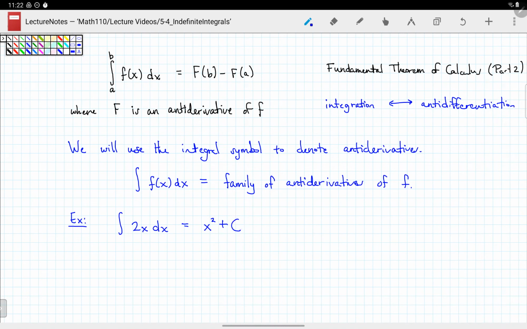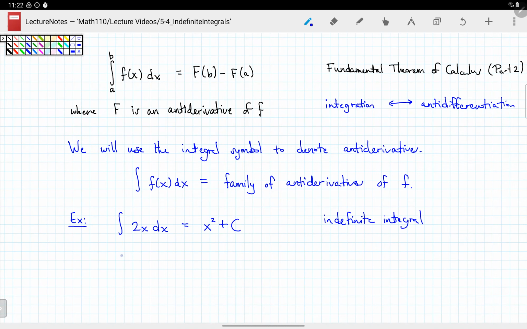So this is the family of antiderivatives of 2x. So this is a thing that we call the indefinite integral. Indefinite integral means family of antiderivatives.